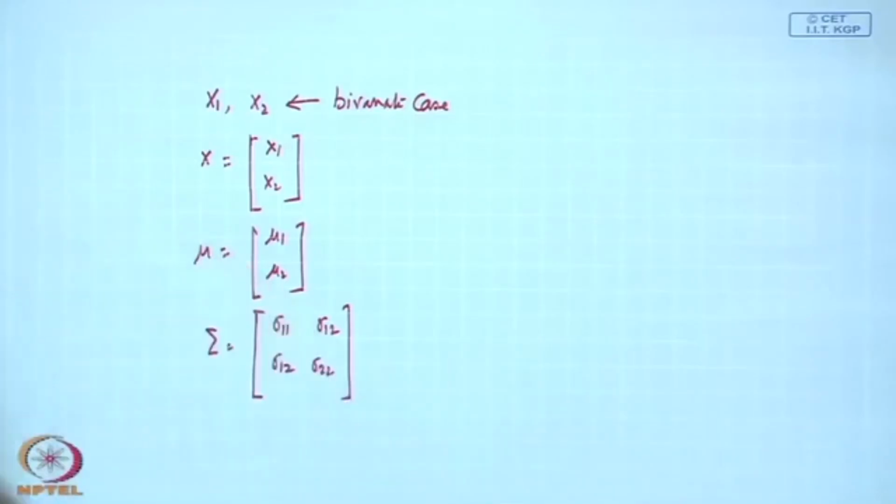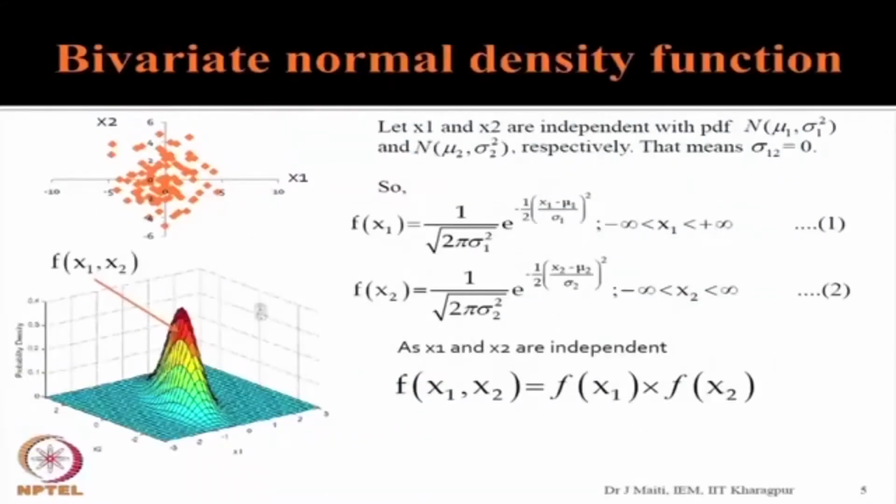So, we assume something here. You see the slide here. In the slide, you see the top figure, that here is a scatter plot. Now, what can you say about the two variables x1 and x2, seeing the scatter plot? Are they correlated or is there no correlation?